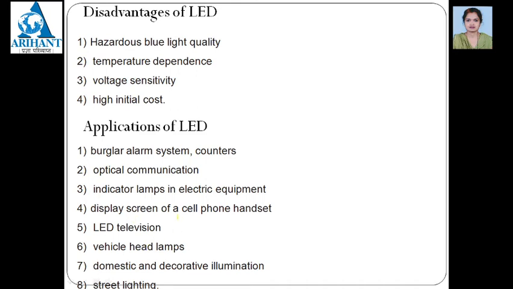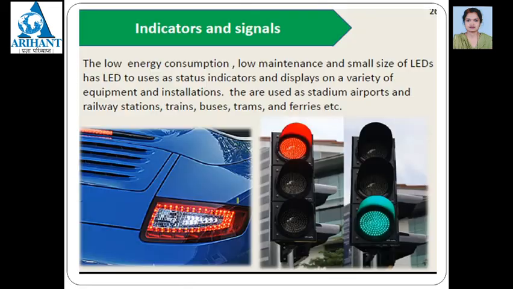LED televisions we all know. Vehicle headlamps also use LEDs, and you can use them for domestic and decorative illumination also. Street lighting also uses these LEDs. So there are many more applications of LEDs.